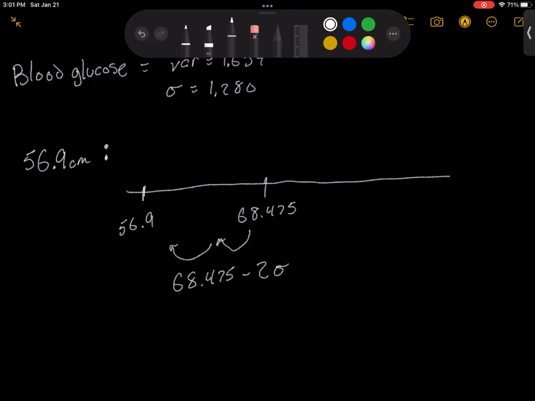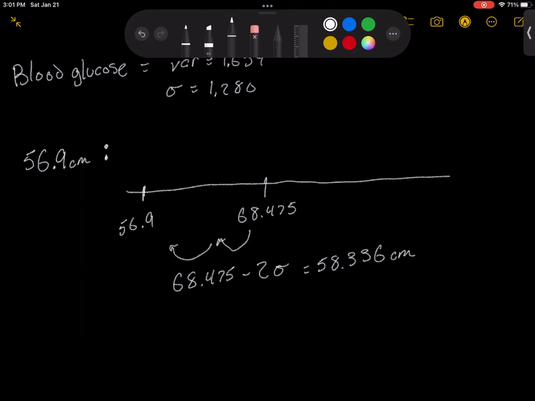If I subtract 2 standard deviations, that gives me 58.336 centimeters.